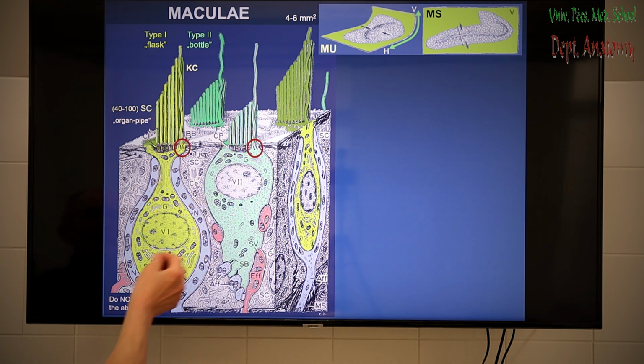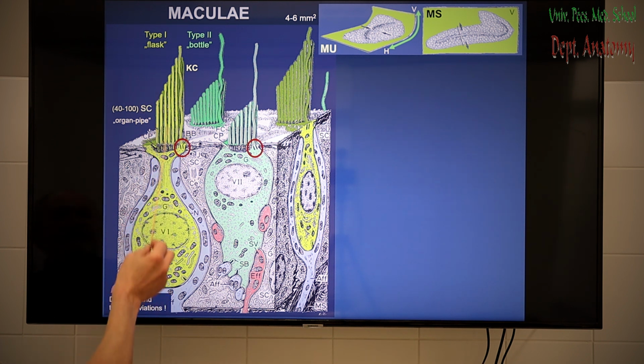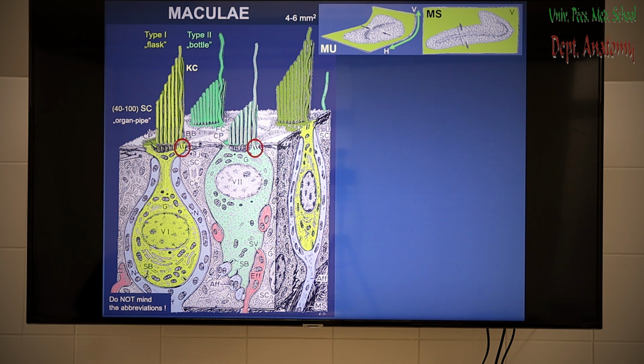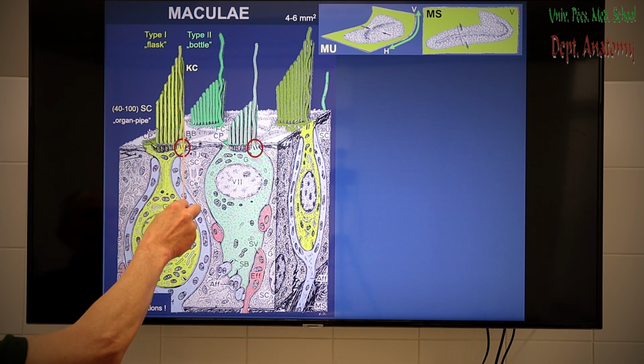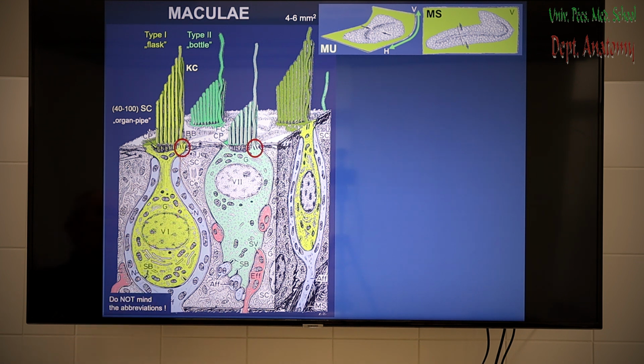So the two types are similar in one aspect, and there are some differences between them. Similarities are that at the apical portion, both of them have processes hanging out from the apical surface. One of these processes is a beautiful, typical kinocilium.